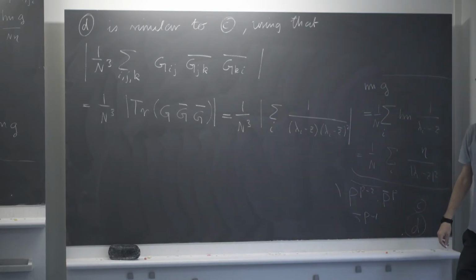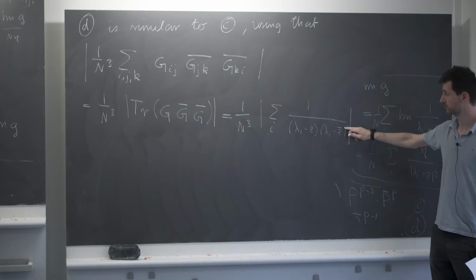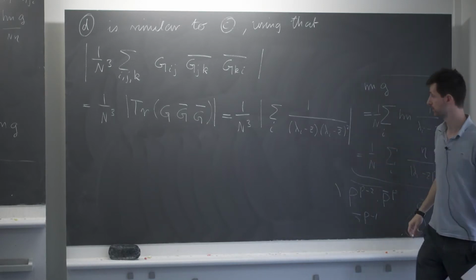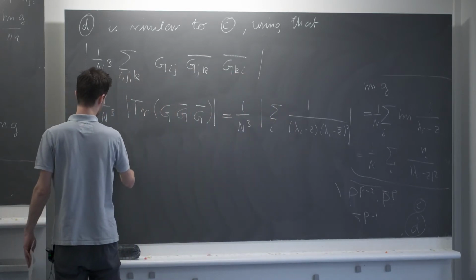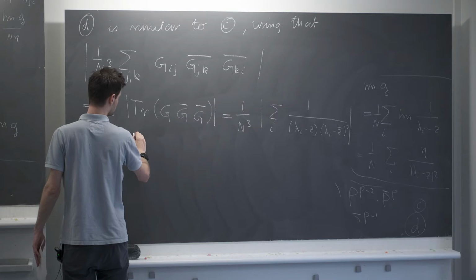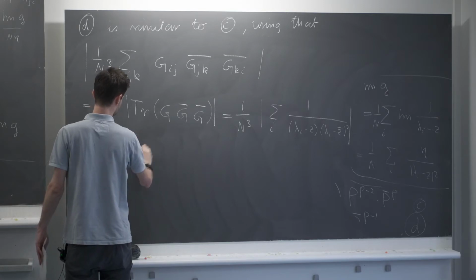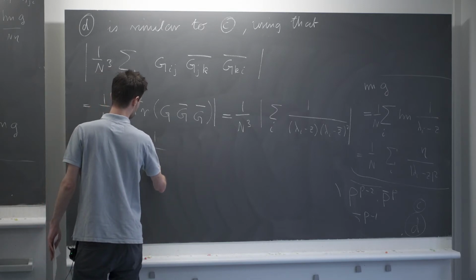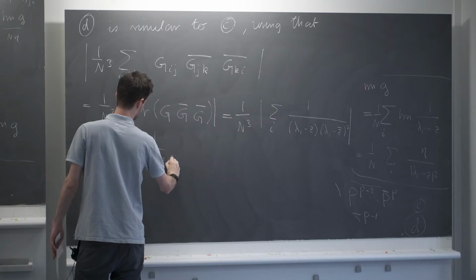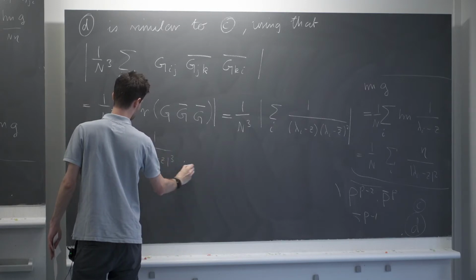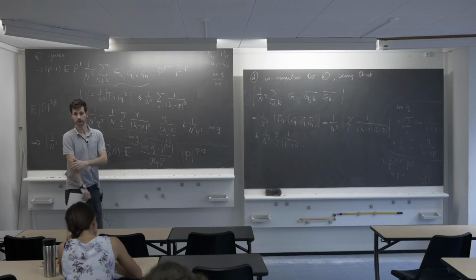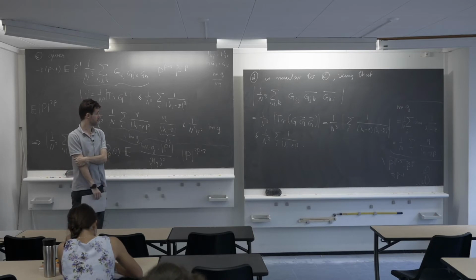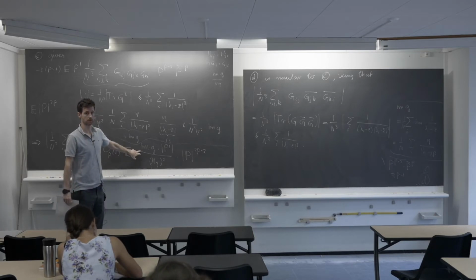So you get exactly the same thing, except two of the z's carry a complex conjugate, and this is now estimated exactly as before. So I get the same bound here, and then I can repeat exactly what I did, and I get exactly the same bound as here.